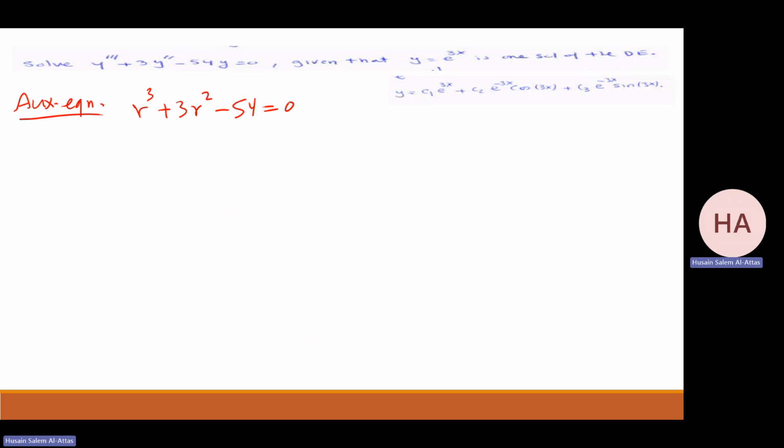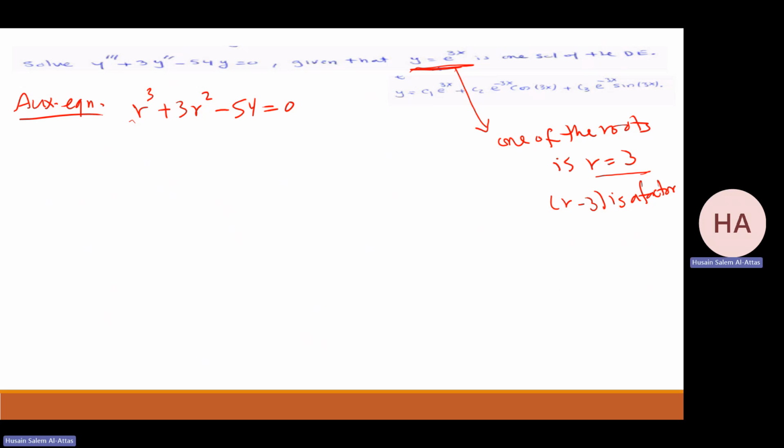So what he was giving us, e to the power 3x, is one solution. So for sure, one of the roots is r equals 3. He gave me this. So now I can do synthetic division. If this is one of the roots, I have r minus 3 as a factor.